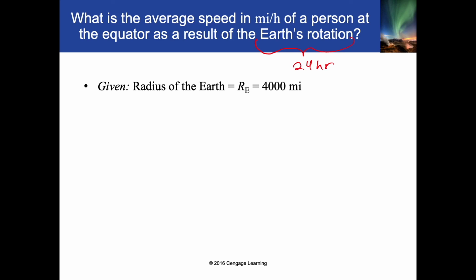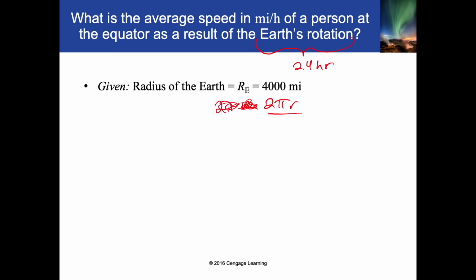Luckily for us, this is the exact same equation as before because the person standing at the equator is traveling a distance of the circle, again, the circumference. So we're going to use 2 pi r again. Oops, 2 pi little r, for the circumference.